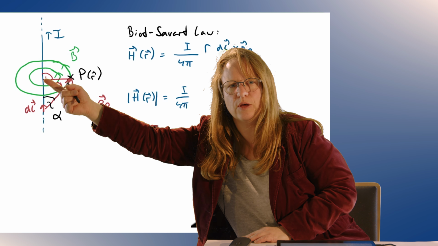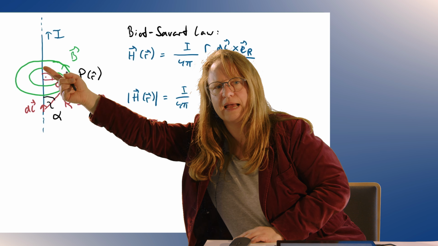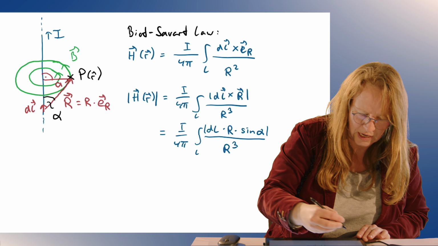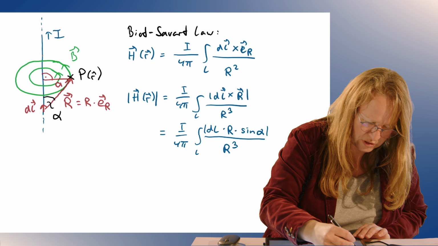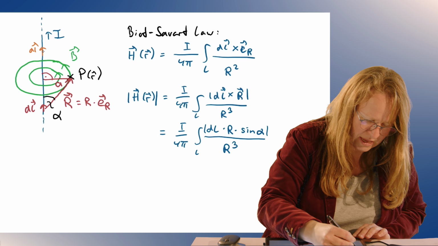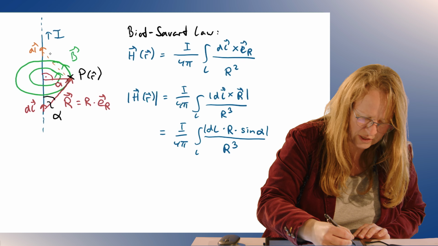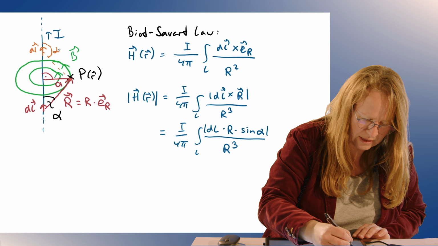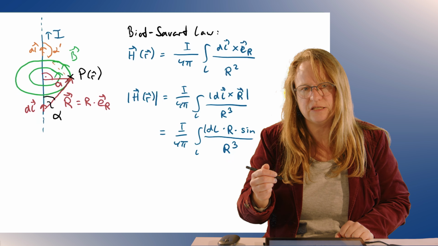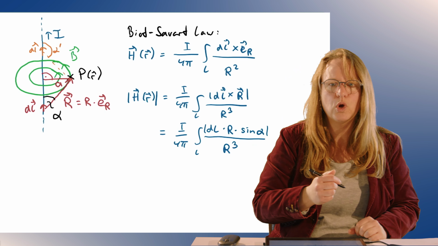So if we are just a bit above this here, then the angle alpha is going to be larger. If we're at this point here, let's say, and we're considering this element dl, then this would be the connection vector R, and this would be the angle alpha dash. It would be larger than 90 degrees, and this depends also on the position.